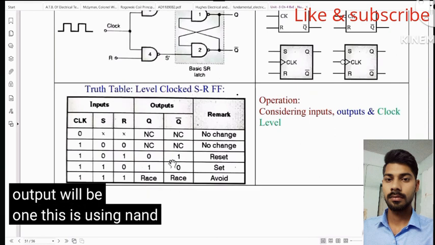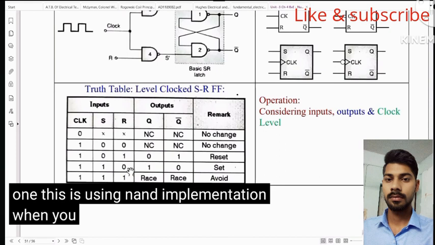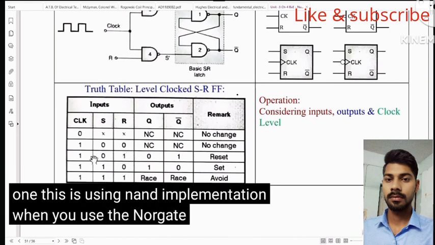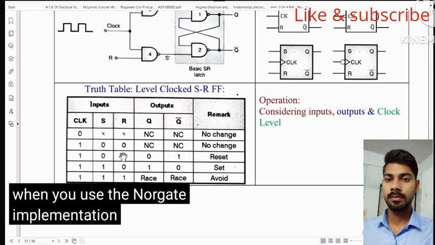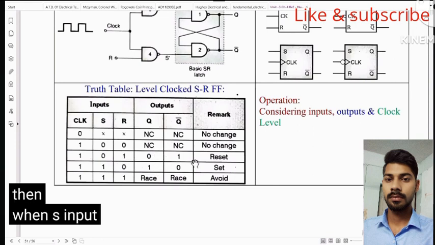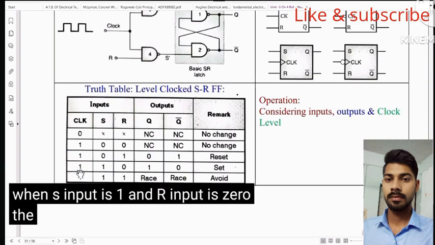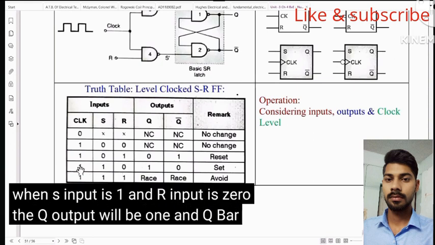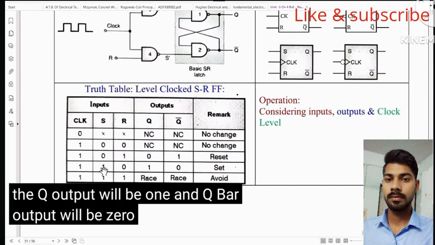This is using NAND implementation. When you use the NOR gate implementation, then when S input is 1 and R input is 0, the Q output will be 1 and Q bar output will be 0. Okay.